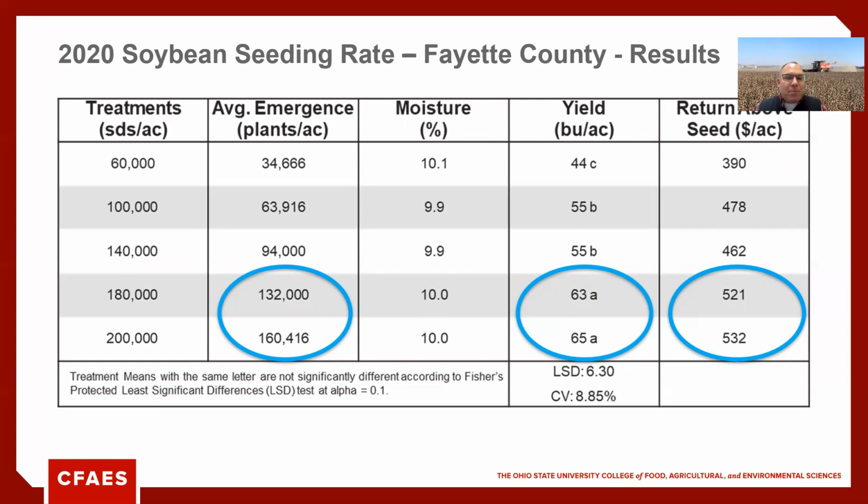Some farms, based upon soil type and soil fertility, might be able to handle higher numbers of seeds per acre to receive a higher yield. But as costs continue to rise, seed cost is one thing that we're hoping you can minimize to maximize your yield. So hopefully you can reduce those costs to maximize your yield or your profit.